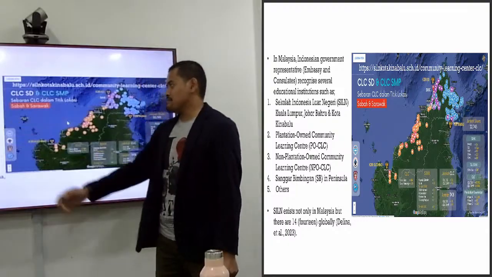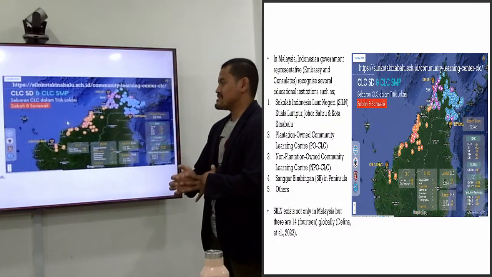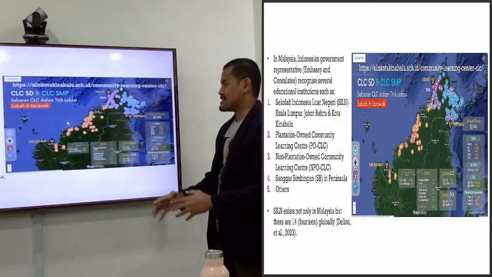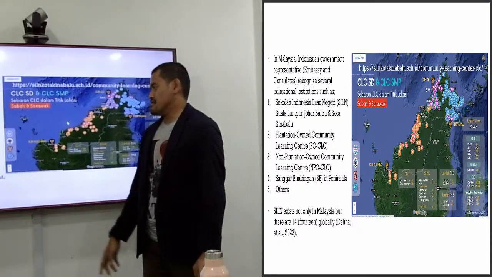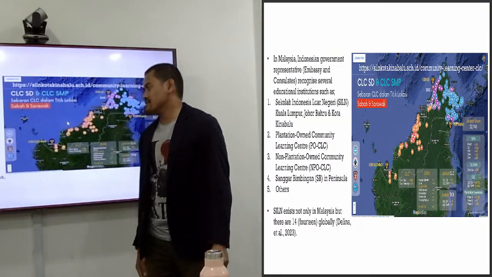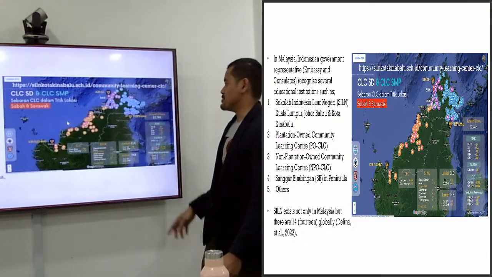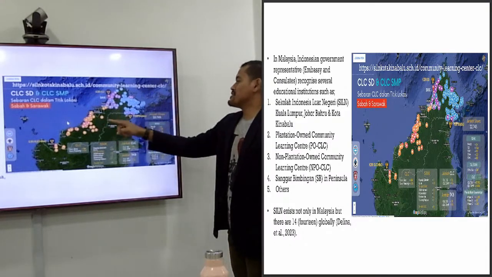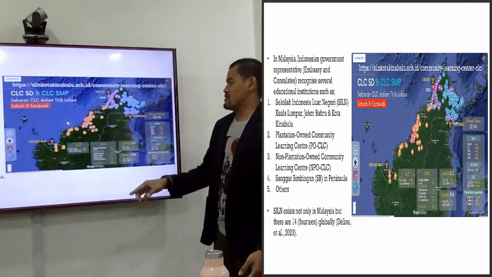Secondly, there are plantation-owned community learning centers, which are the CLCs inside the plantation estate company, and it also expands to CLCs located outside the plantation estate company. These images show the existence of the CLCs in Sabah and Sarawak, or East Malaysia.